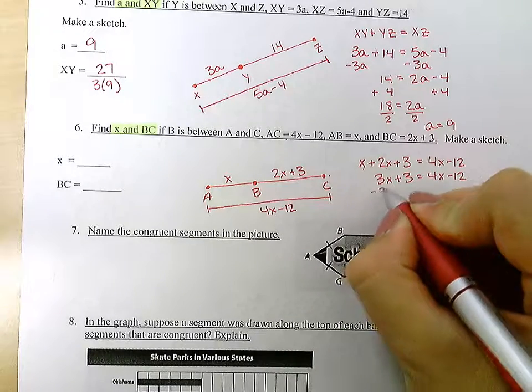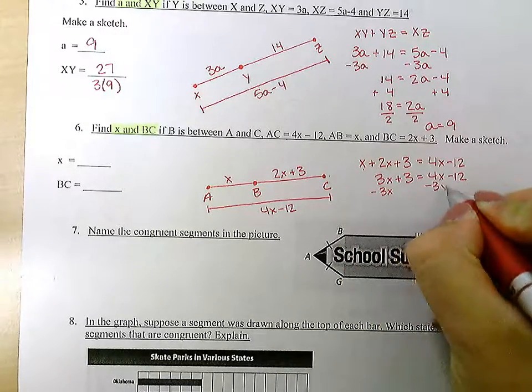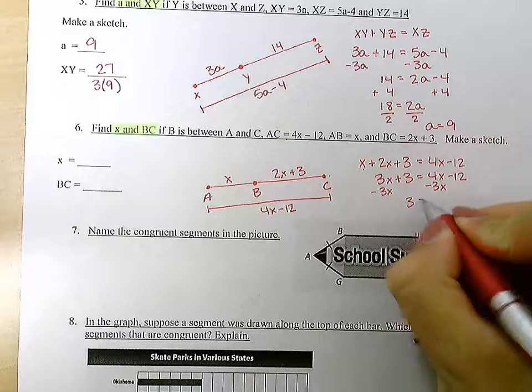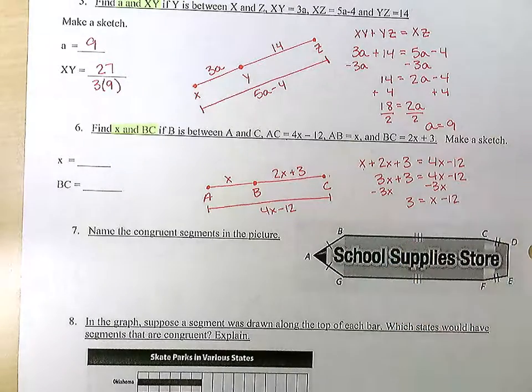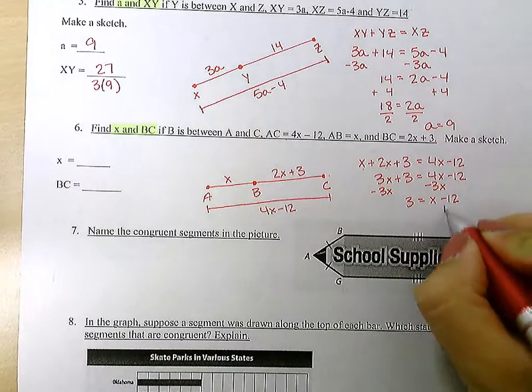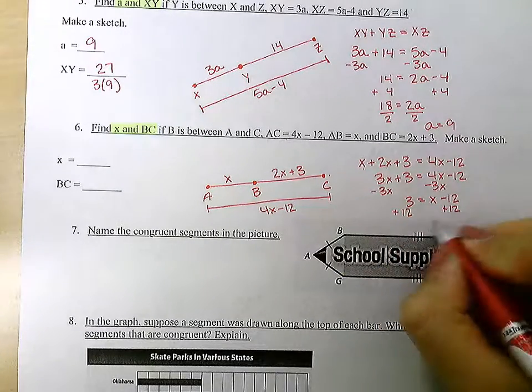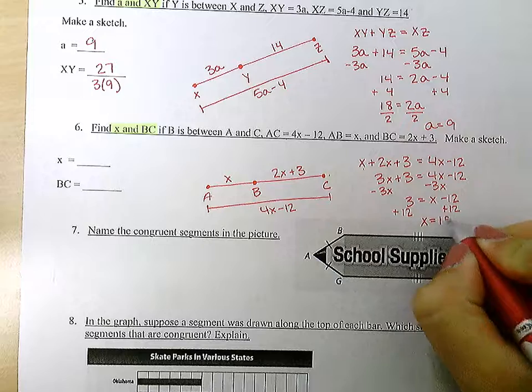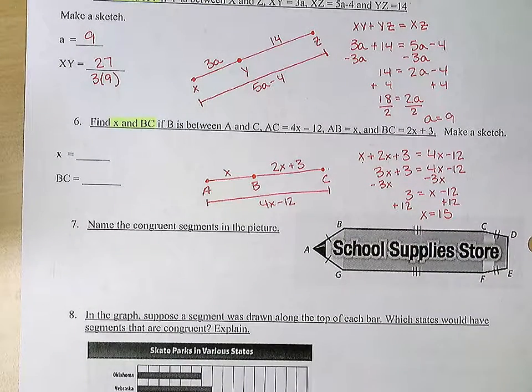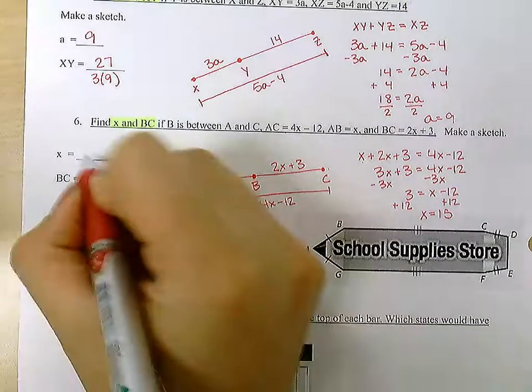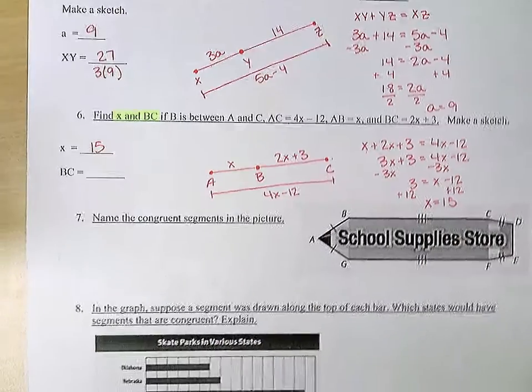From here, I'm just going to solve for x, so I'm subtracting 3x. Add 12. And I end up with x equal to 15. So my x value is 15.